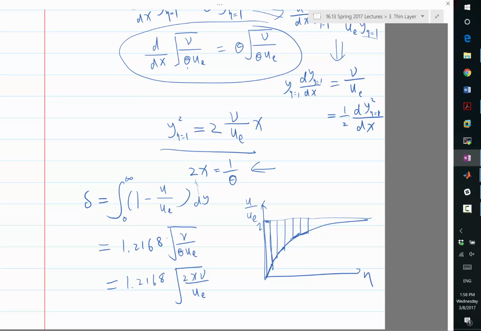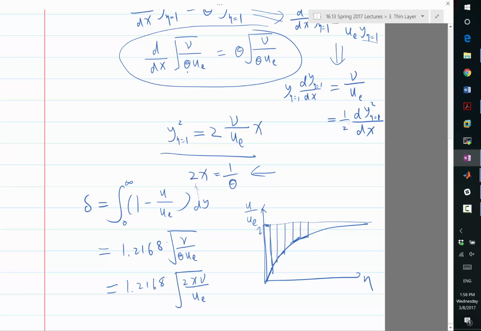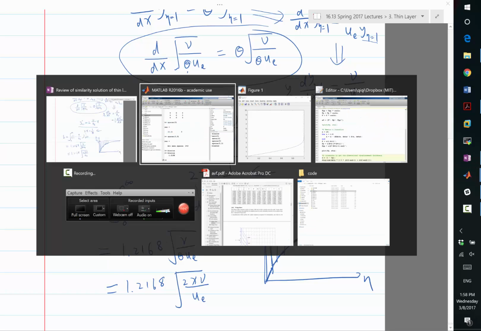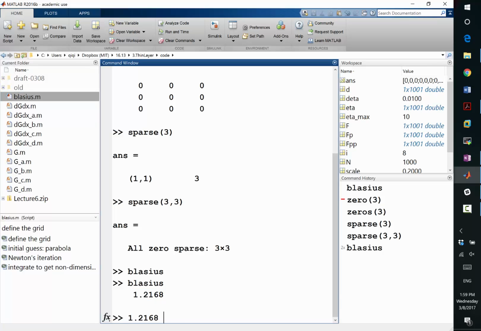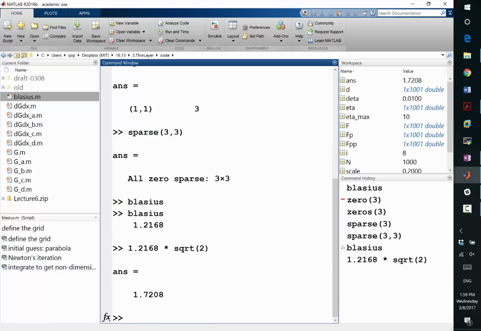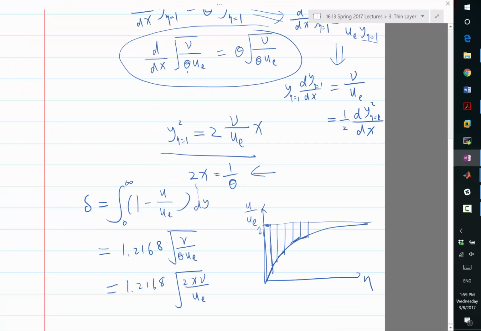Okay, and if you factor in this square root of 2, I think 1.72 is usually the number you see in the literature when you talk about the Blasius boundary layer.